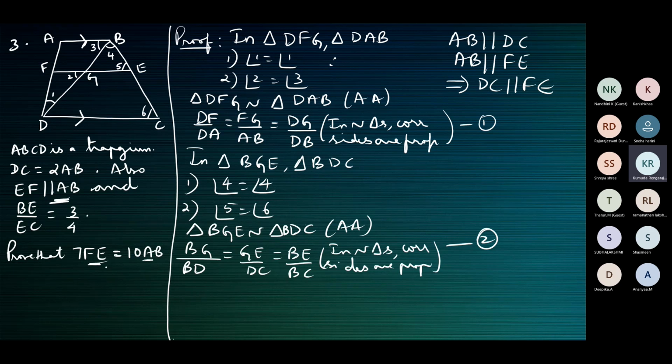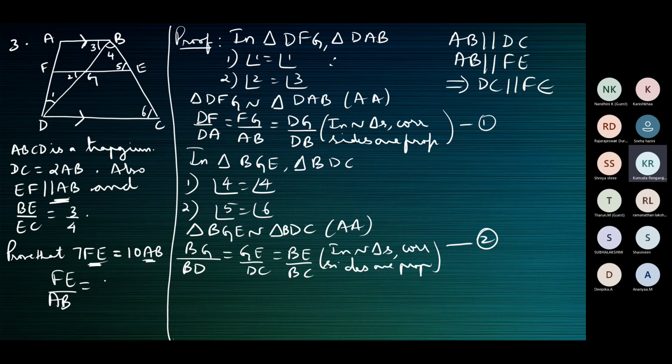Let's try to write this in the form of a ratio. What will we get for FE by AB?